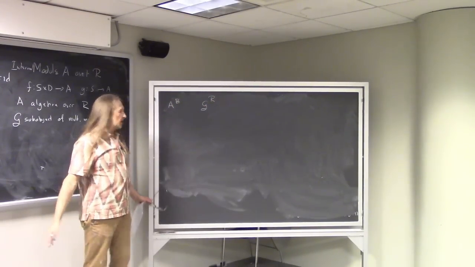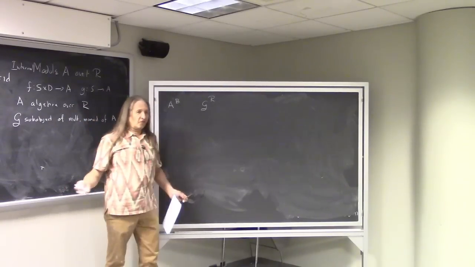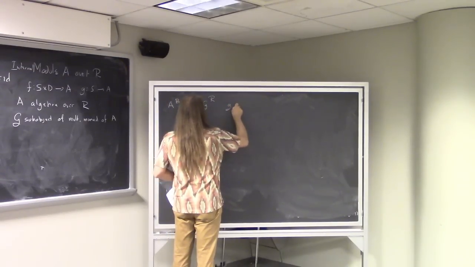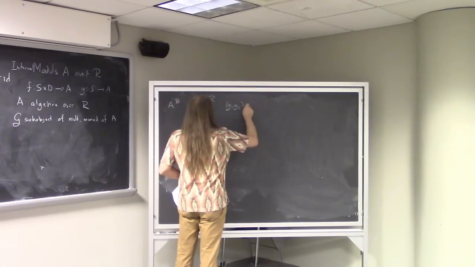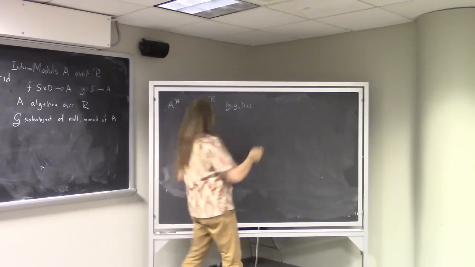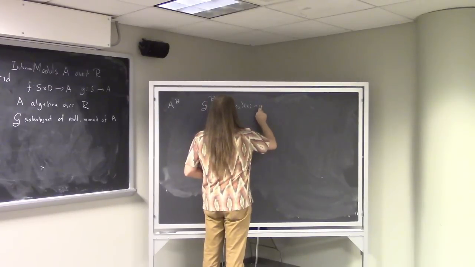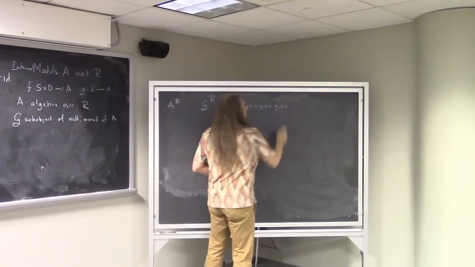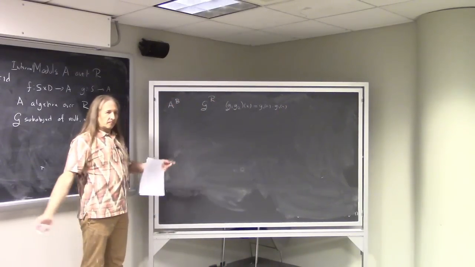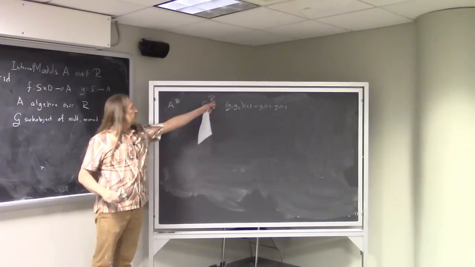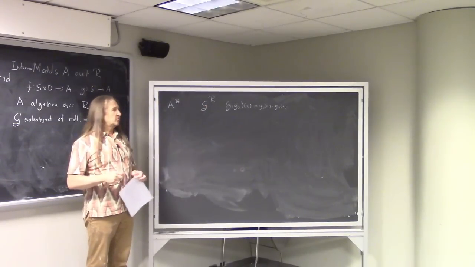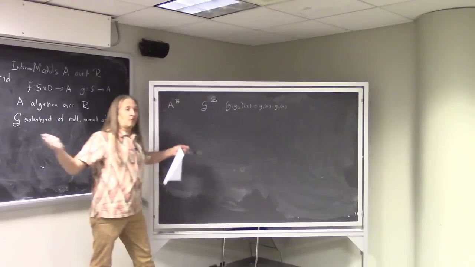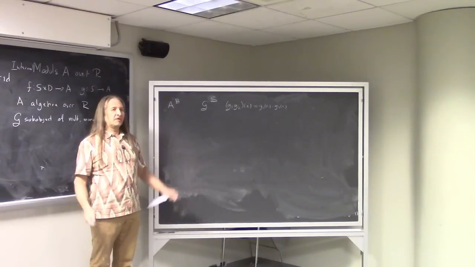This is a group itself, because to multiply, at a value of x, I just take g1 of x times g2 of x. So all the mappings from any old space into my group form a group under pointwise multiplication.